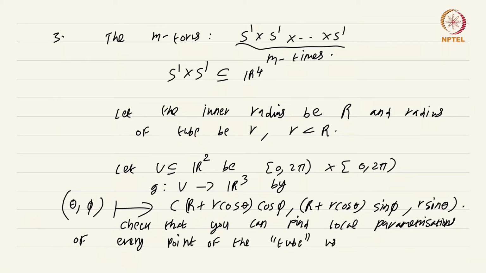So this function G that we have constructed, that takes theta comma phi to this set of three points, R plus r cos theta cos phi, R plus r cos theta sin phi, and r sin theta, is going to give you the local parameterizations that you need. Okay, so I'm going to leave it as an exercise to you to show that this tube is in fact a C infinity smooth manifold.